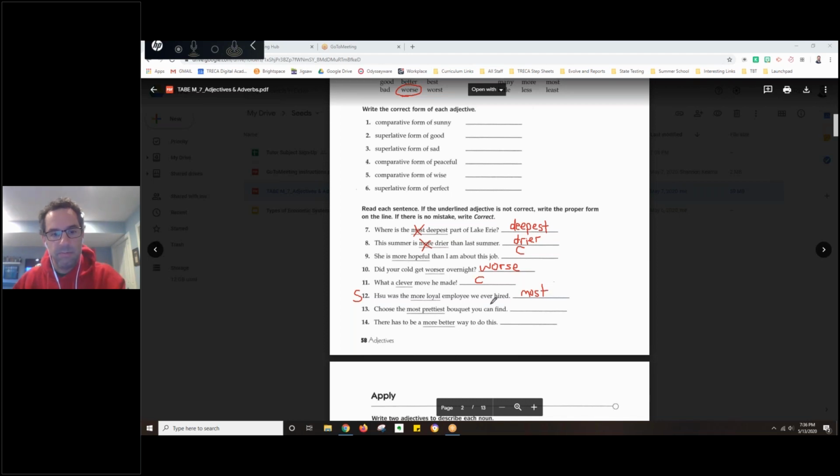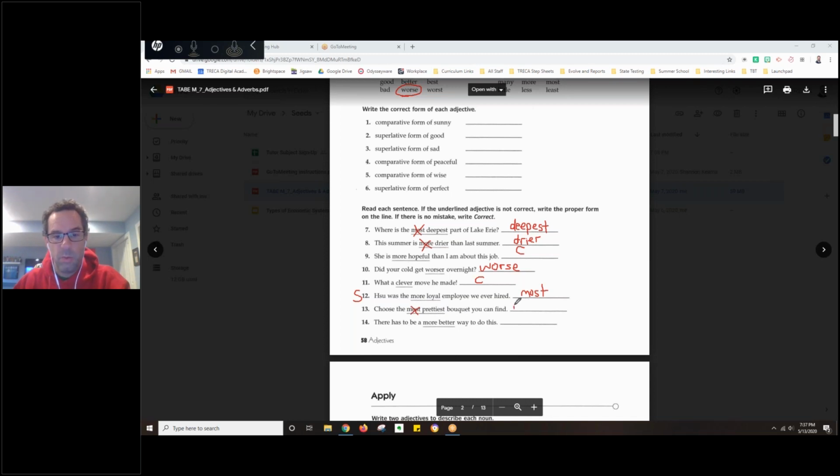2 more to go. Choose the most prettiest bouquet you can find. I'm not too sure with the rule of this one. I know that this is very similar to number 7 and number 8 because prettiest is already the superlative form. You don't need to add most. Choose the prettiest bouquet.